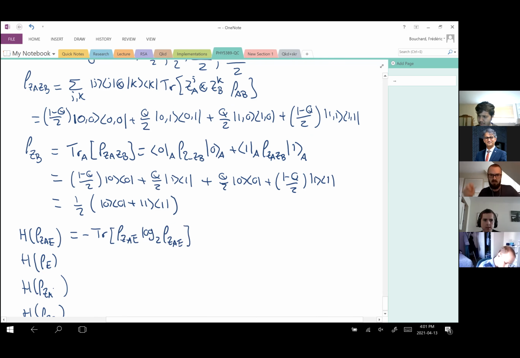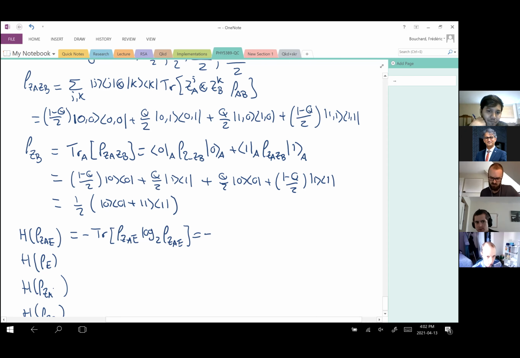The log of a density matrix in general is not so obvious to take. But if you write your matrix in a diagonal basis, then the log of a matrix is just the log of the diagonal elements. So that's pretty easy to calculate. Now that we know the eigenvalues of rho ZAE, and then taking the trace, just adding them up, this should be easy.